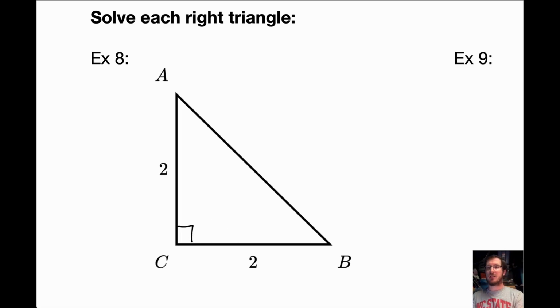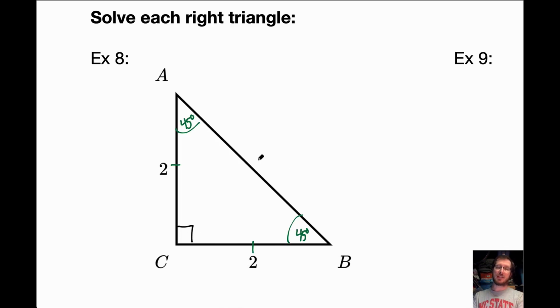Because these two sides are the same measure, we know they're congruent, so I'm going to put my tick marks. Because they're congruent, the opposite angles from those sides are congruent in a right triangle. If the two acute angles are congruent, they've got to be 45s because they have to be complementary. So we've got a 45-45-90 triangle, and we've got all our angles marked.